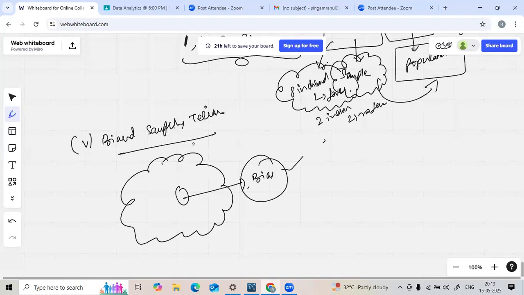Let's make it a little more interesting. The survey question is whether the college is providing you good infrastructure or not. Whether the college is providing all these things that you are interested in having or not.